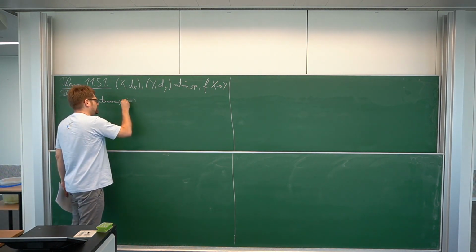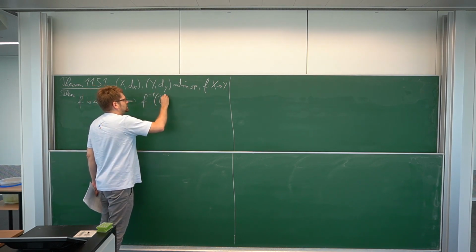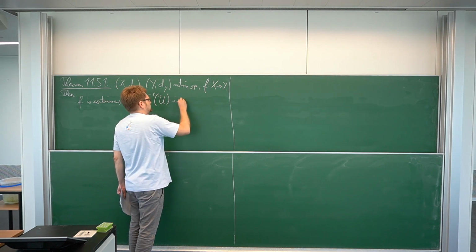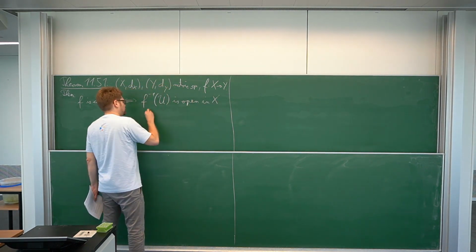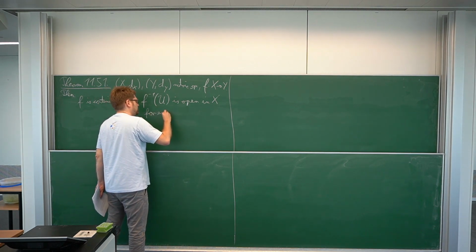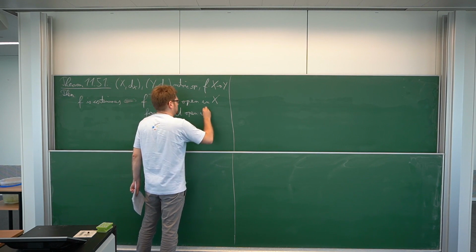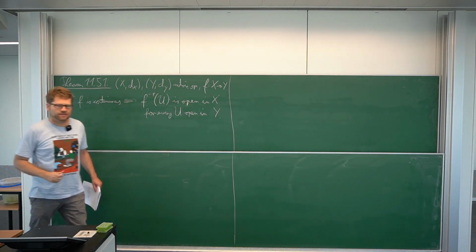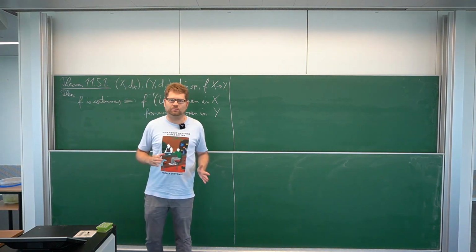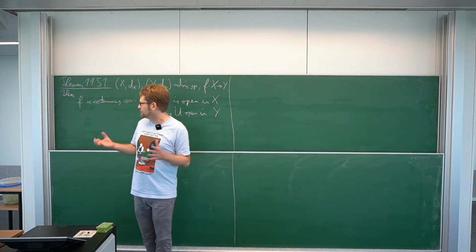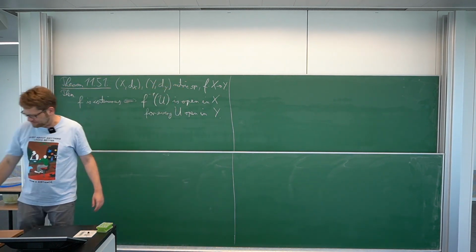This is the case if and only if the pre-image of an open subset of Y, let's say U, is open in X, and this should hold for every U open in Y. So a map is continuous if and only if pre-images of open sets are open, full stop. This is kind of the most general but very abstract way of characterizing continuity.